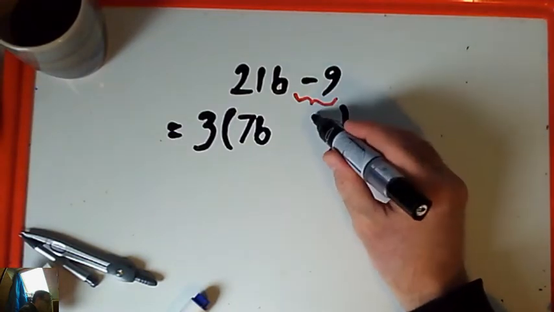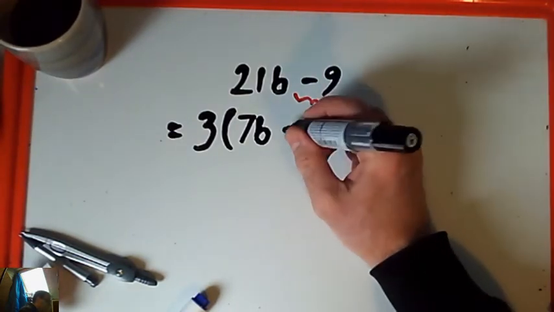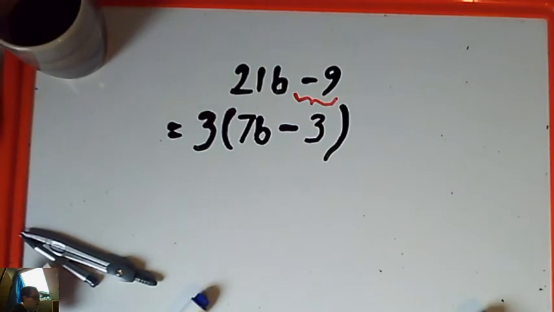Well, 3 times 3 will give me 9, so 3 times minus 3 will give me minus 9. So the factorisation is 3 outside the brackets and 7b minus 3 inside the brackets, just typing it into iMaths now. And we go on to the next one.